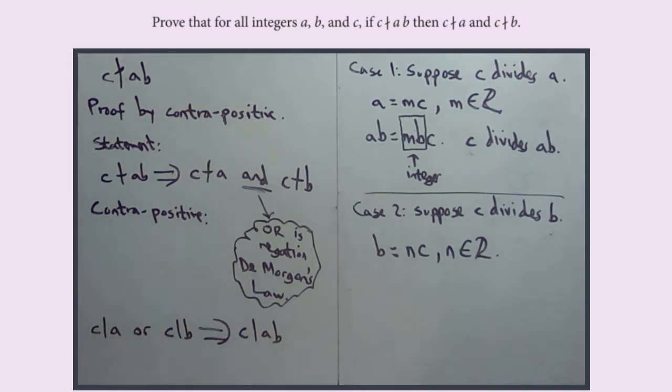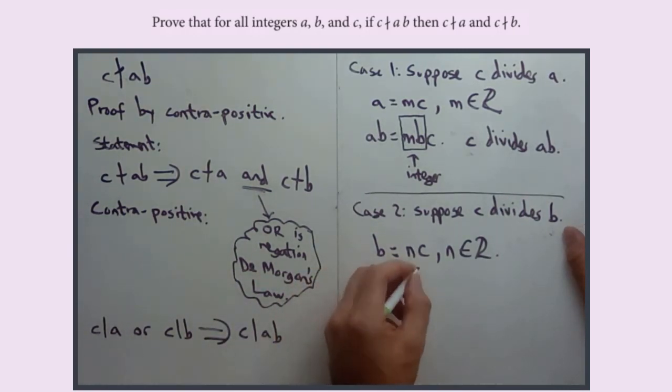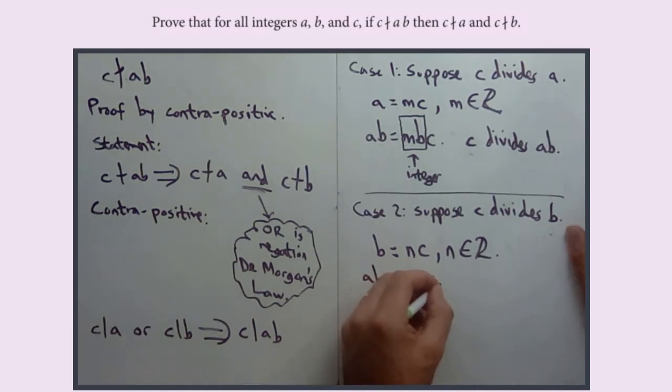Again, to get an expression for AB, we need to multiply both sides by A. So AB will equal NAC.